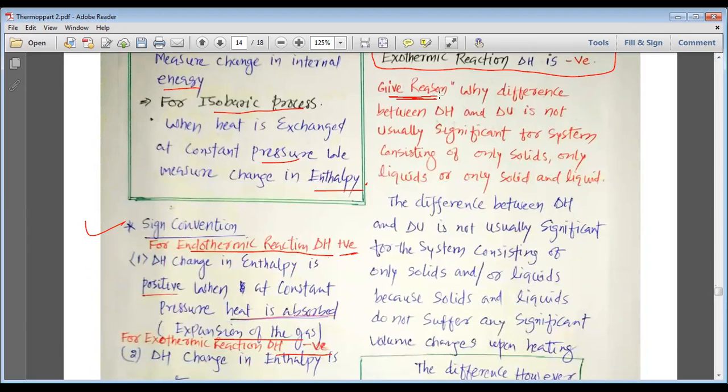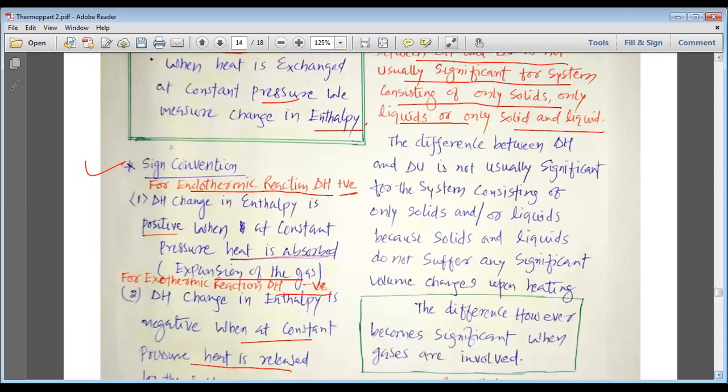Now give reason. We need to understand the scientific reason why the difference between delta H and delta U is not usually significant for systems containing only solids, only liquids, or solids and liquids, where gases are not involved.